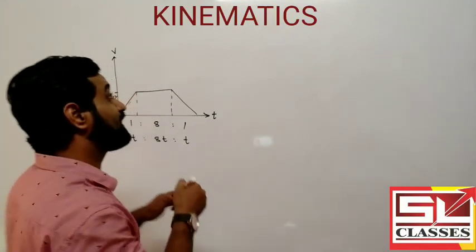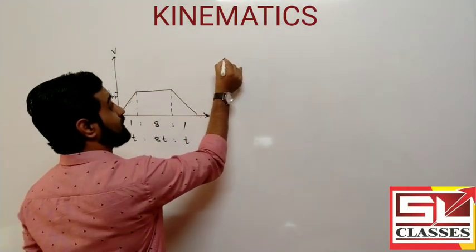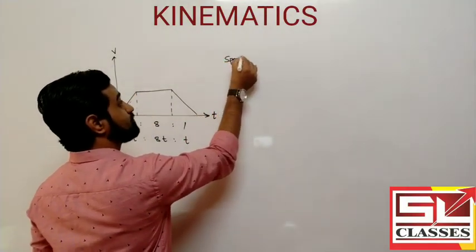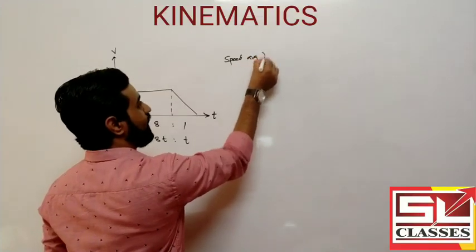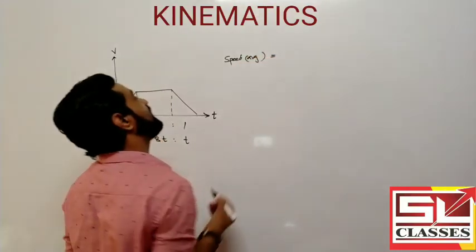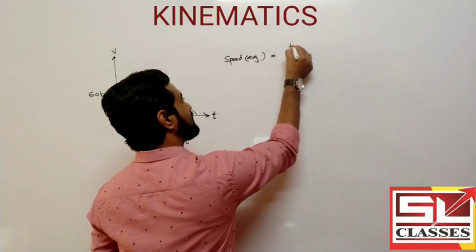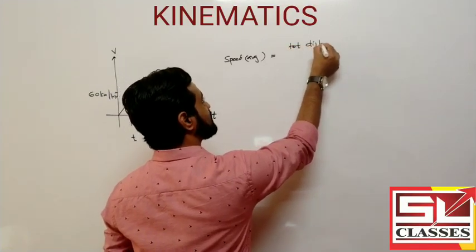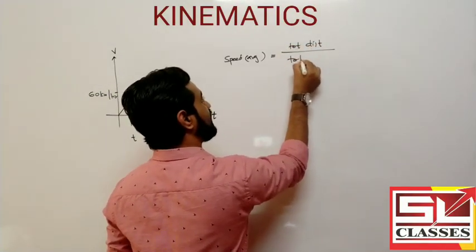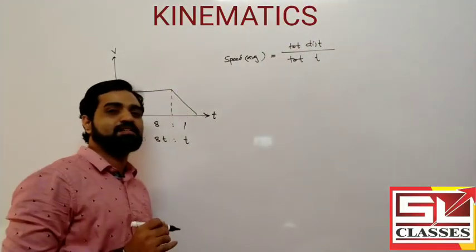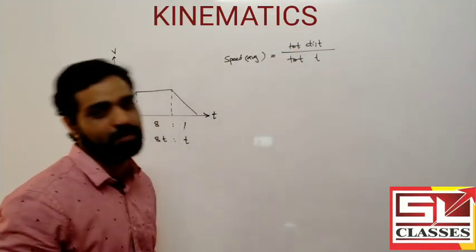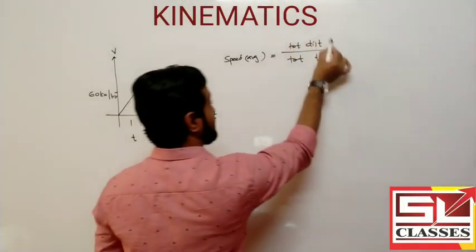We know the equation for average speed, that is total distance by total time taken. So we first have to find the total distance.